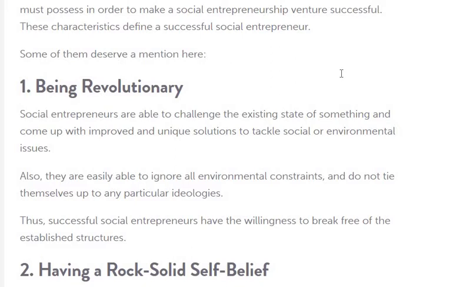Also, they are easily able to ignore all environmental constraints and do not tie themselves up to any particular ideologies. In these cases, successful social entrepreneurs have the willingness to break free of the established structures.